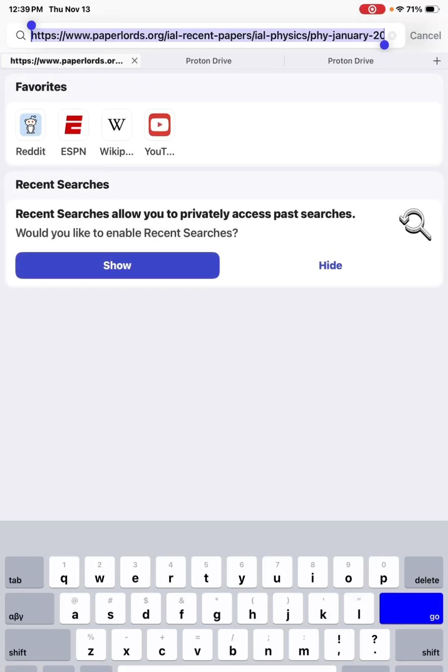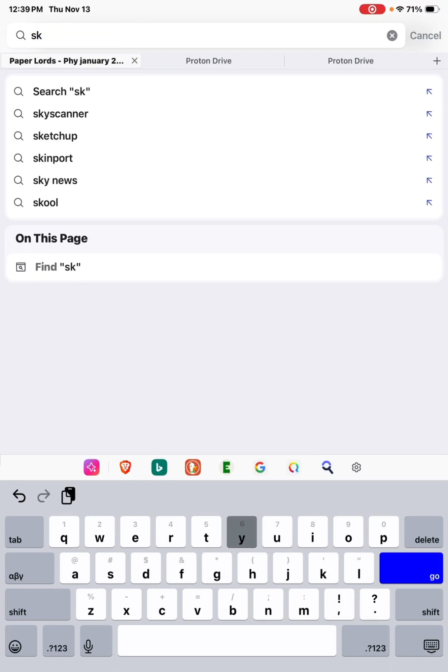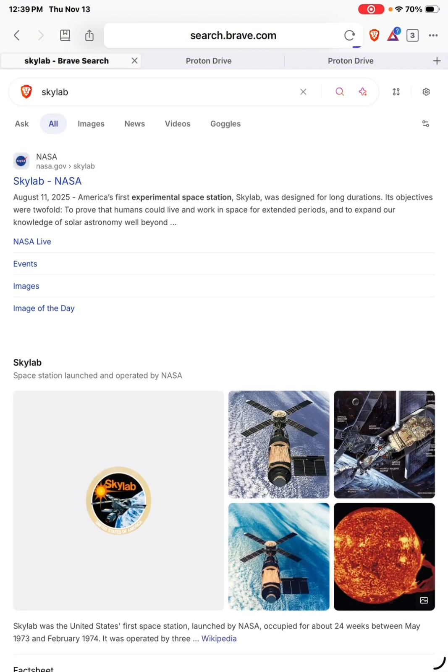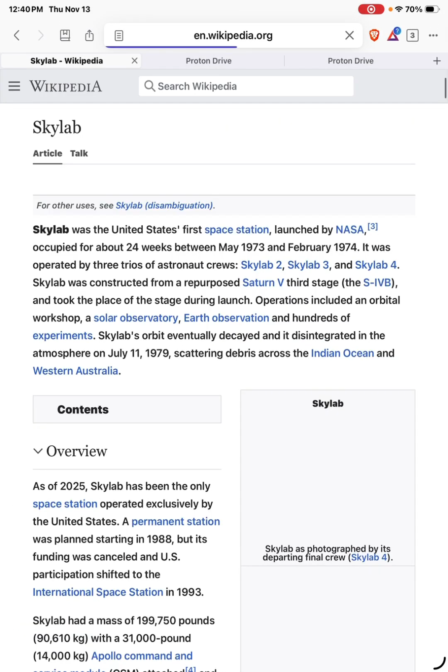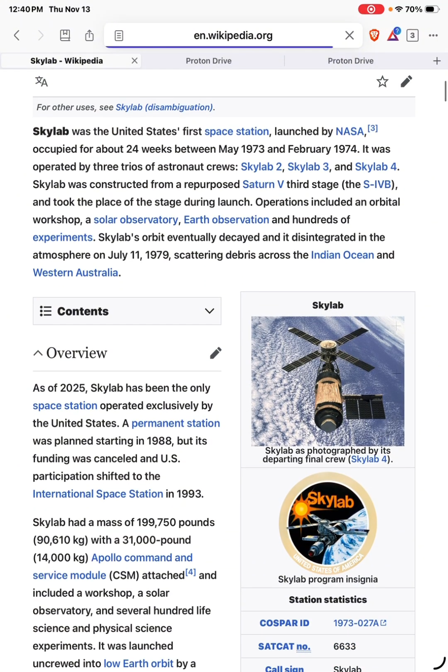So let me see. Okay, Paper Lords is where I get my papers from. So Skylab. Okay. America's first experimental station, Skylab, was designed for long durations. Okay, let's go to Wikipedia. It was the United States' first space station launched by NASA, occupied for about 24 weeks between May 1973 and February 1974.